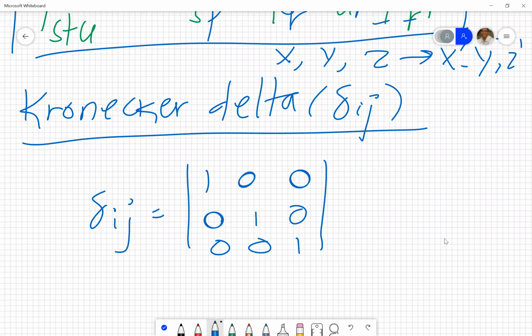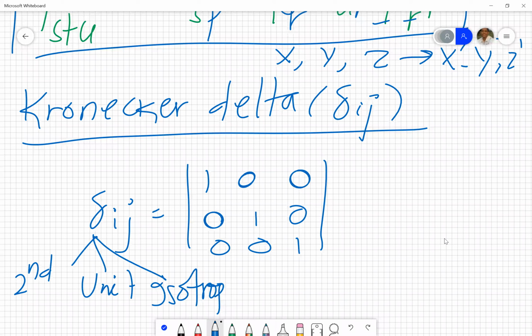It is a second rank unit isotropic tensor quantity, the Kronecker delta.